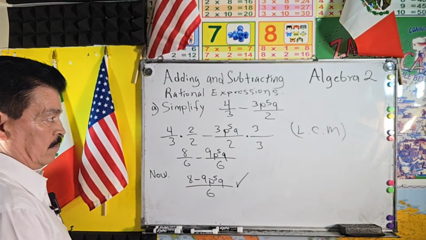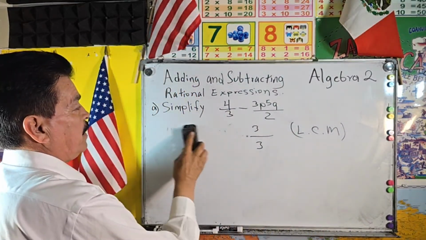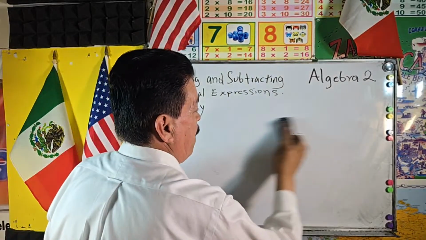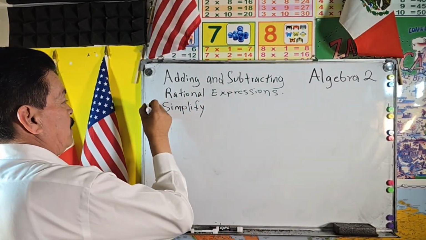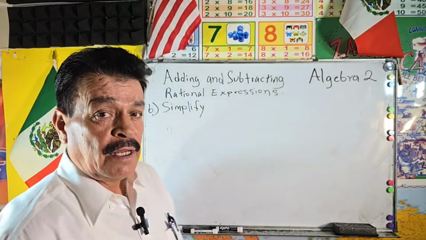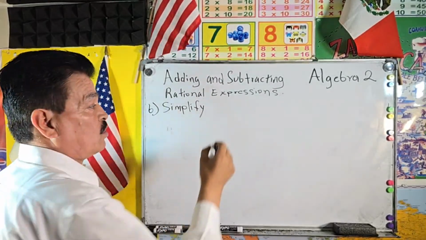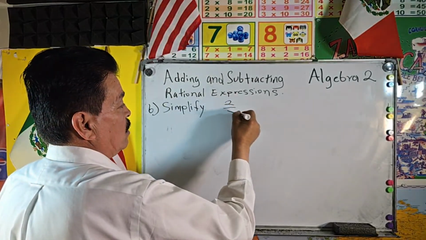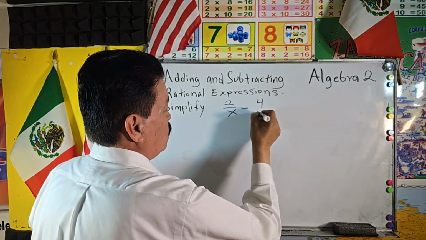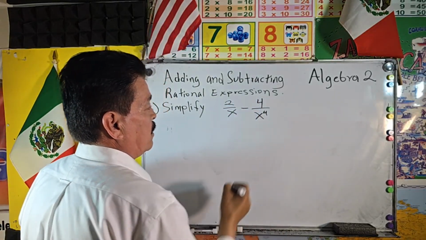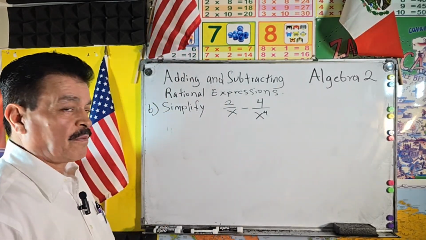Okay. Let me show you another problem here. It's very simple, not complex. So the next problem, we have to simplify 2 divided by x minus 4 over x to the 4th power. This is going to be our problem now.